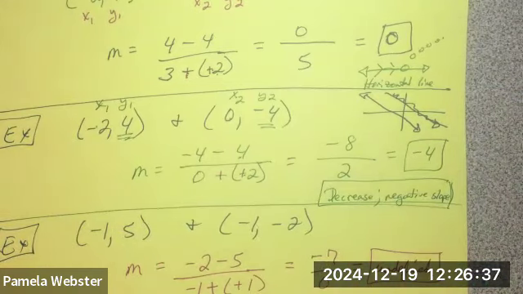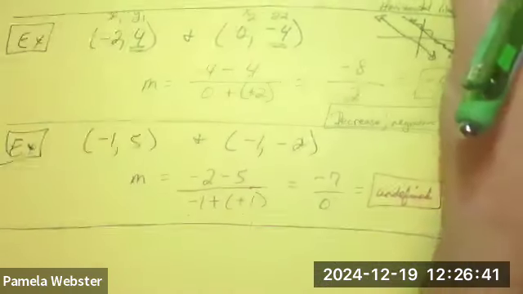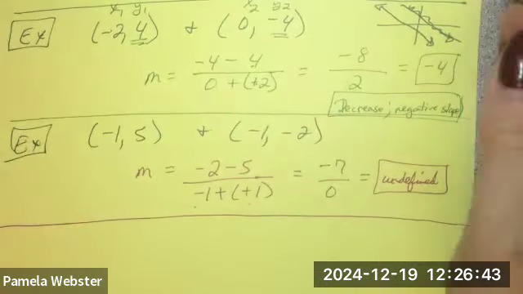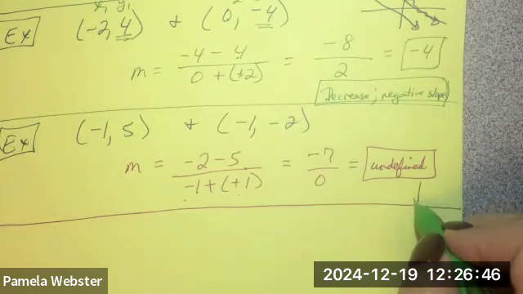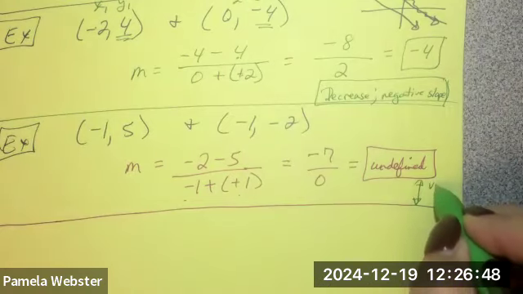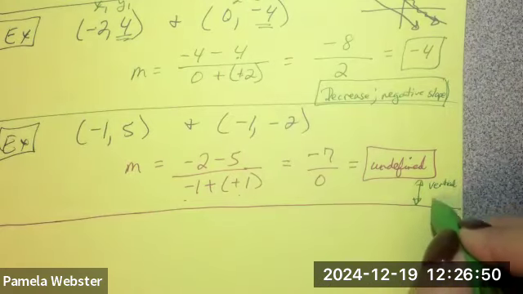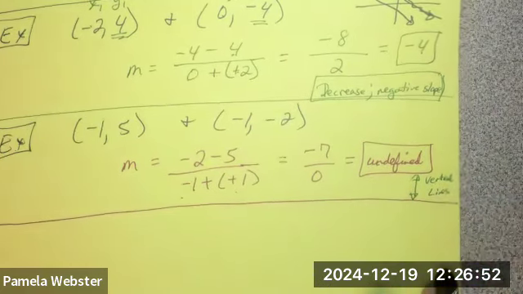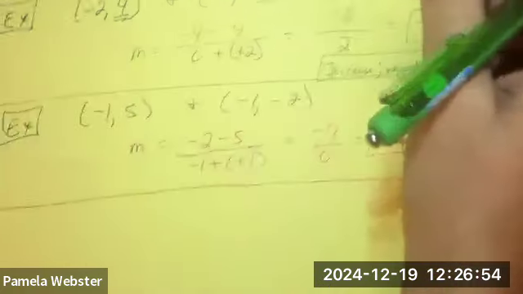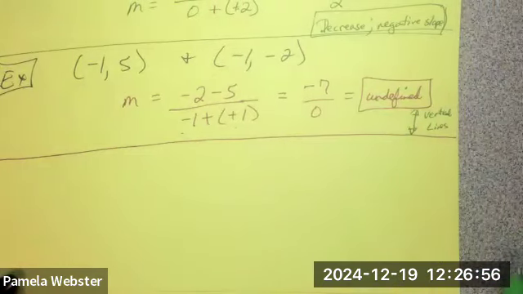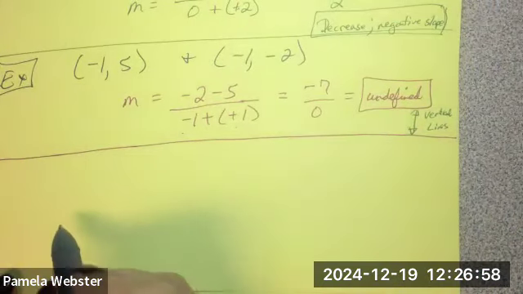Positive slopes are rising, negative slopes are falling. And this one is undefined, and these go along with vertical lines, or straight up and down. So you might have a horizontal, you might have a vertical, or you might have something where you're undefined.